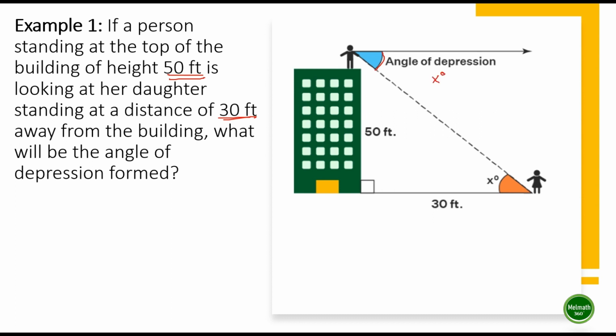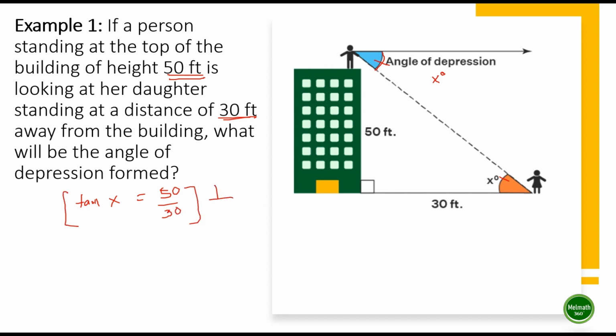As the angle of depression and angle x are the same by the alternate interior angles theorem, using the formula for finding the angle of depression, we get tangent x equals 50 over 30.